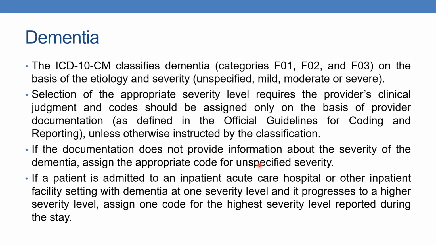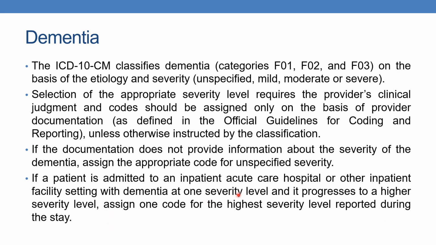If the documentation does not provide information about the severity of dementia, assign the appropriate code for unspecified severity. That is one rule. The second case is if a patient is admitted to an inpatient acute care hospital or other inpatient facility setting with dementia at one level and it progresses to a higher severity level, then assign one code for the highest severity level reported during the stay.